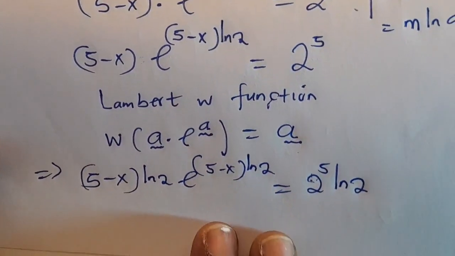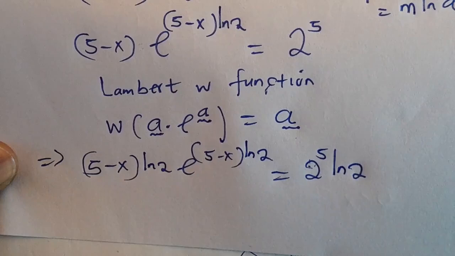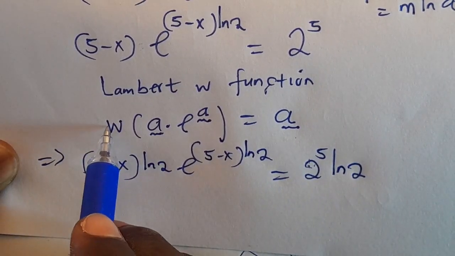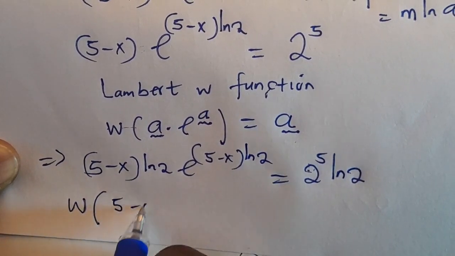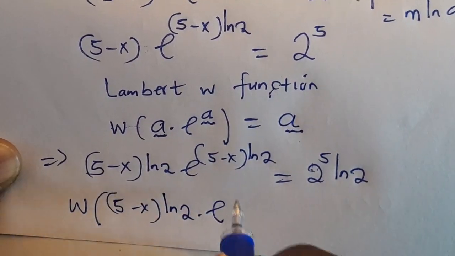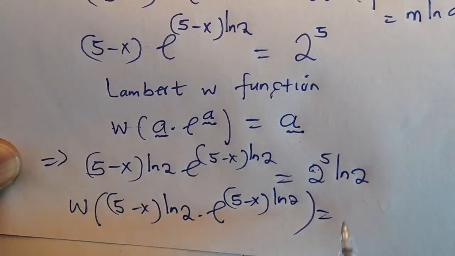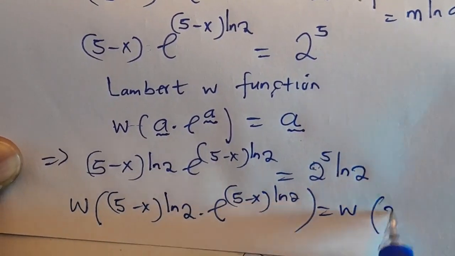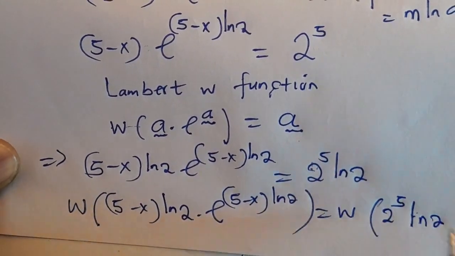So from here, we can see we have the base and the power the same. So we can now introduce the Lambert W function of 5 minus x, then ln2, multiplied by e to the power of 5 minus x ln2, equals the Lambert W function of 2 to the power of 5, then ln2.